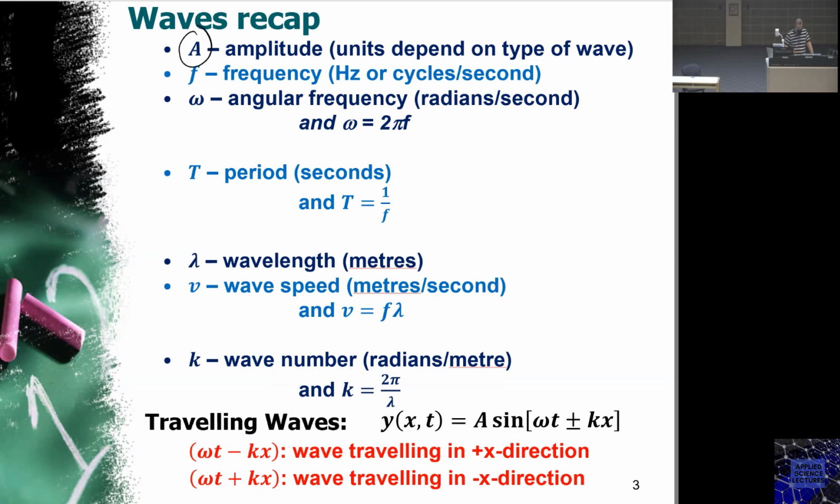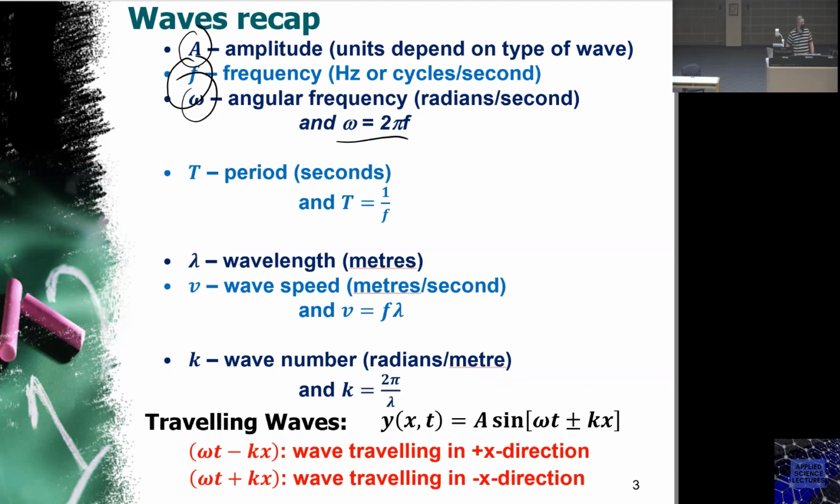We said that we have an amplitude that represents the maximum peak and the minimum peak of the wave, the number of cycles per second, or the frequency. The unit of the frequency was hertz. The angular frequency, which is in radians per second, equals 2 pi f.